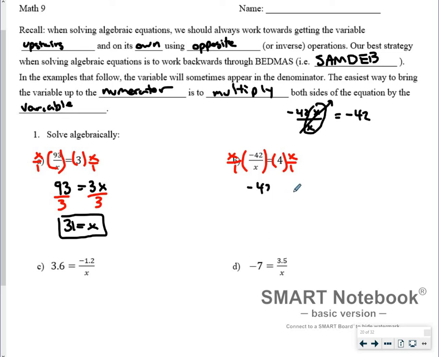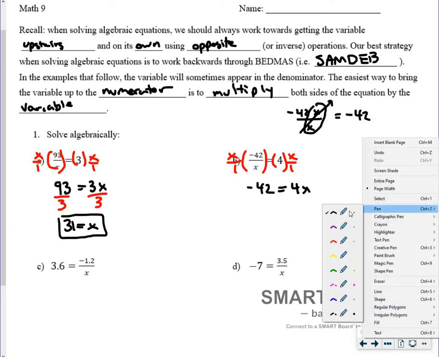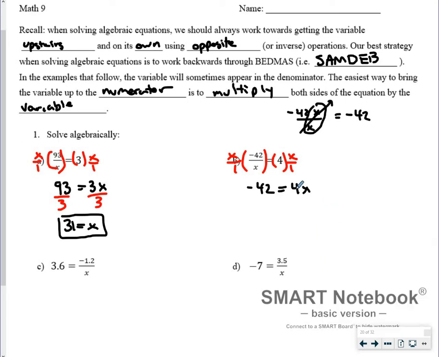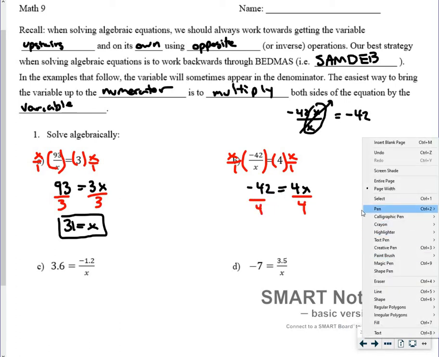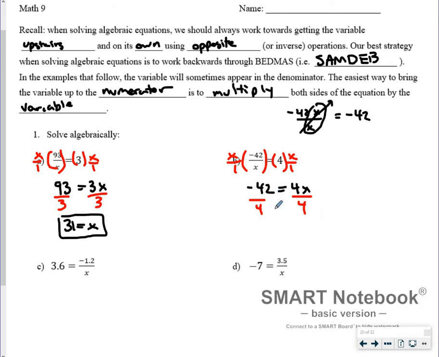That's the left side, and the right side is going to be 4x. So now we're in familiar territory. We've got negative 42 equals 4x. So it's 4 times x, the opposite of multiplying by 4, divide by 4 on both sides. 4 fits into 40 10 times, and 4 fits into 2 1/2. So 4 into 42 is going to be 10.5, and negative 10.5.